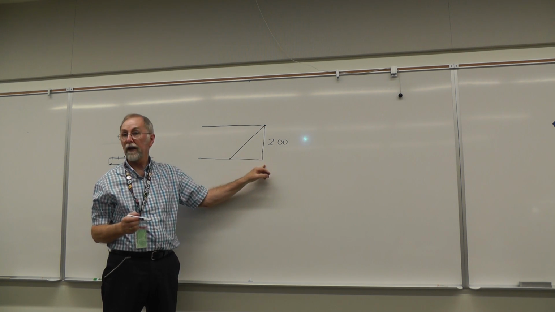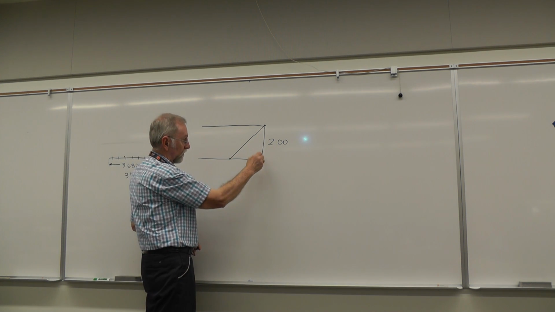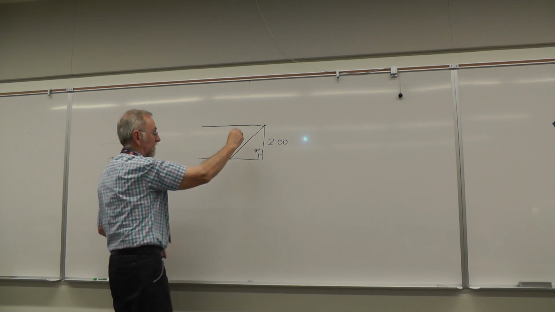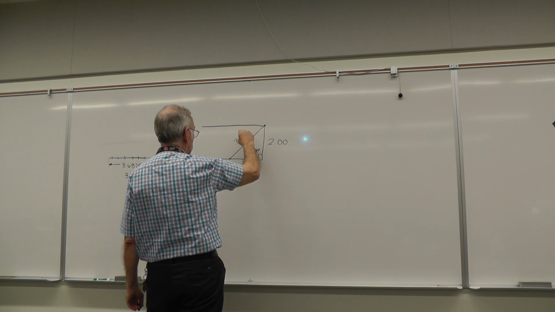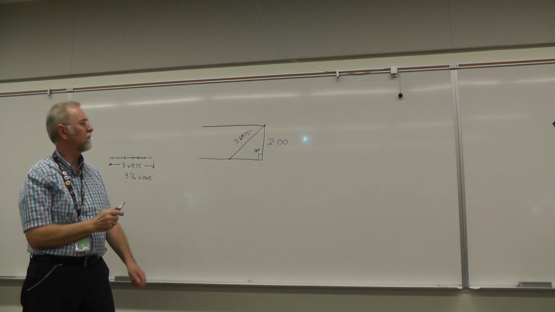I now have a right angle triangle, because this is horizontal, this is vertical, so that's a 90-degree corner in there. This has a length of 3.6875 inches. I think that's what it is. Isn't that what 11/16 is?